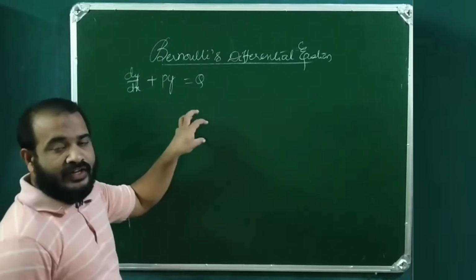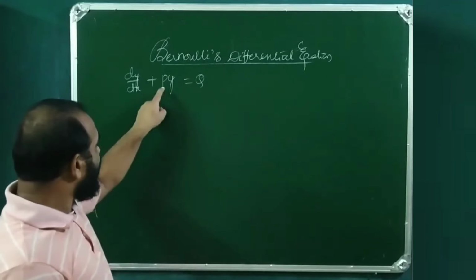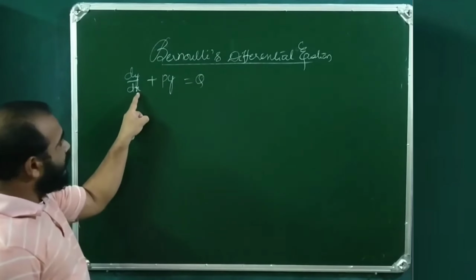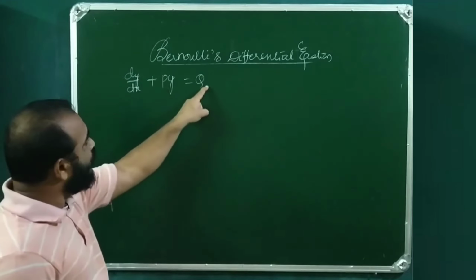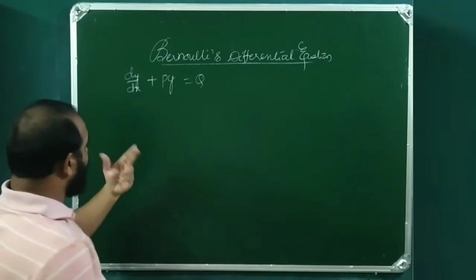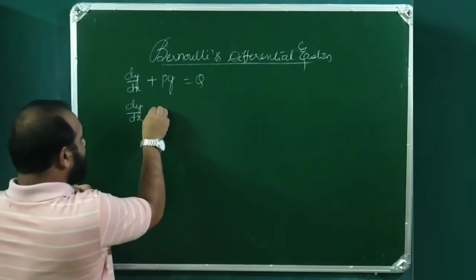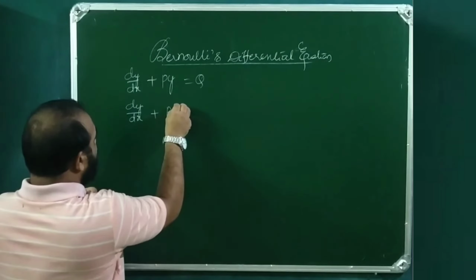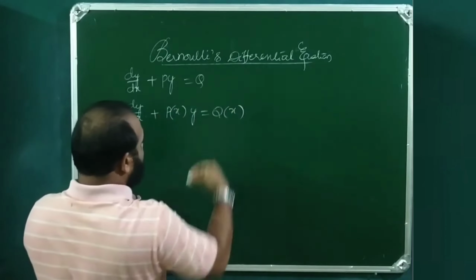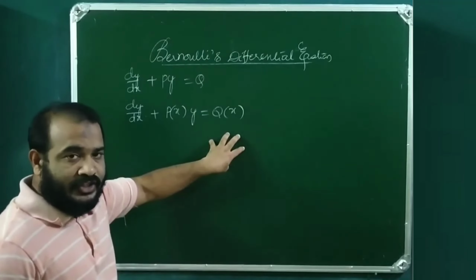This is what we have discussed before. This is the actual linear differential equation where p comma q are either constants or functions of x. Therefore, to be more specific, dy by dx plus p of x into y is equals to q of x.